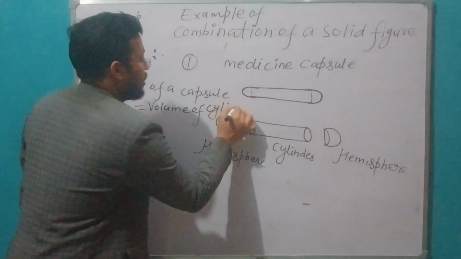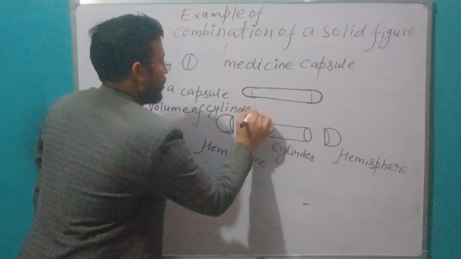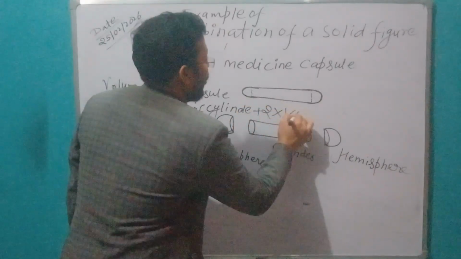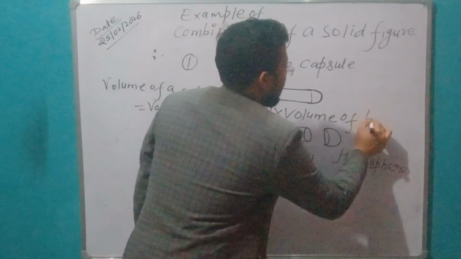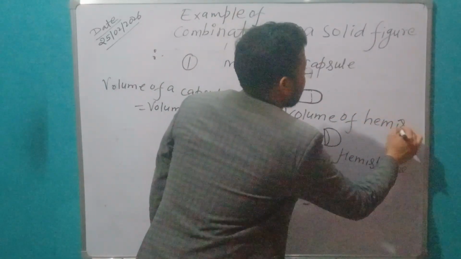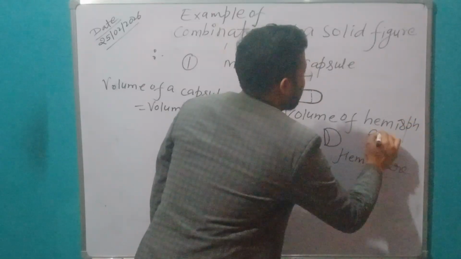Volume of cylinder plus 2 into volume of hemisphere.